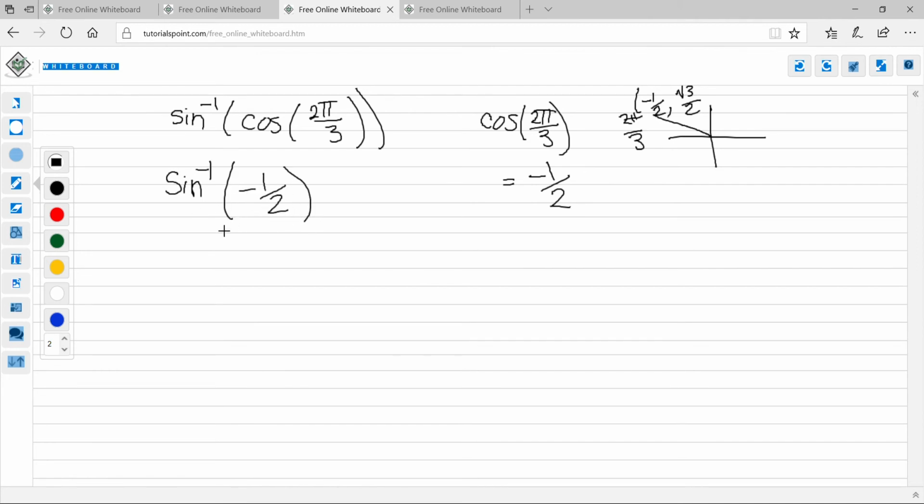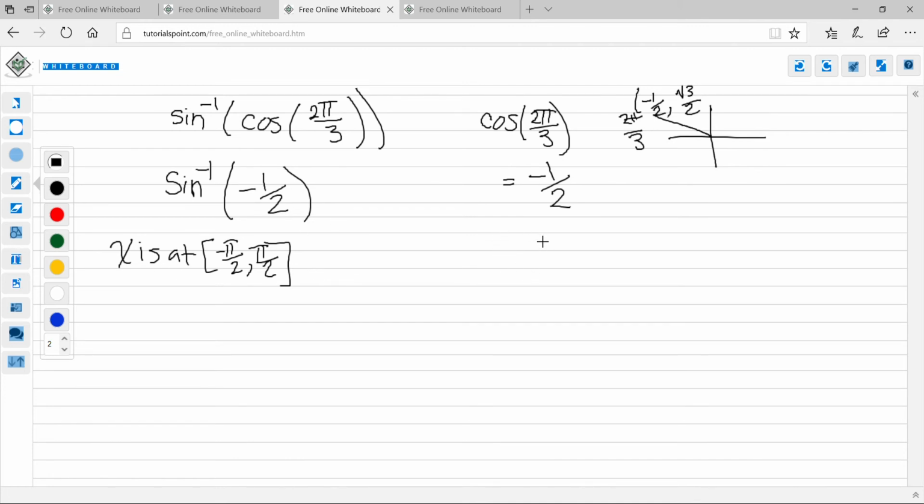Now we have boundaries. The boundaries of sine inverse are negative pi halves to pi halves. They won't tell you this, you have to know this.